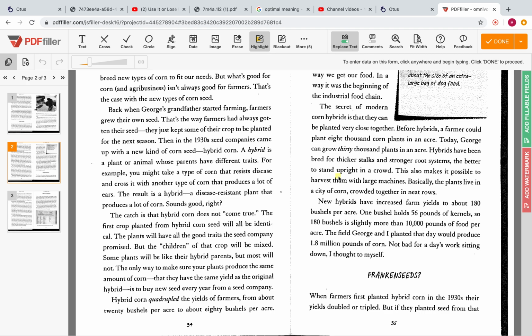All right, so before we read, let's just quickly review what hybrid corn is, because that's what it talks about here. So before hybrid corn was used, farmers had to get their own seed. And then seed companies came up with a new kind of corn seed, which is hybrid corn.